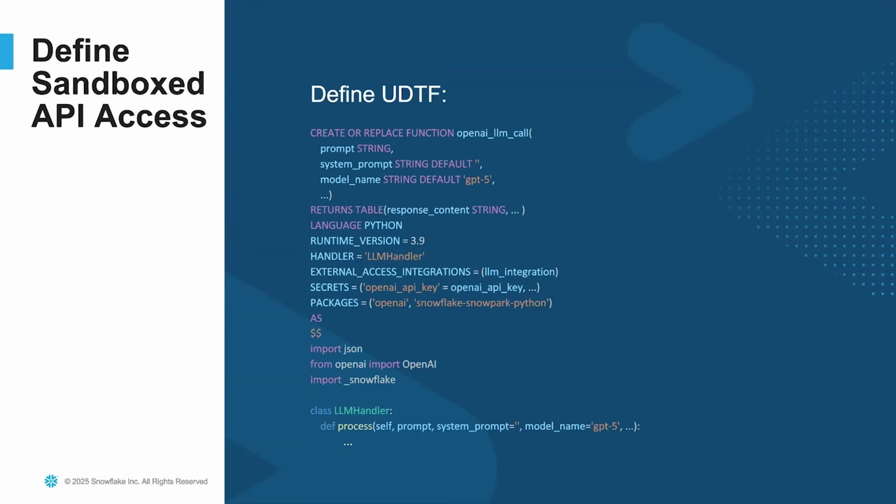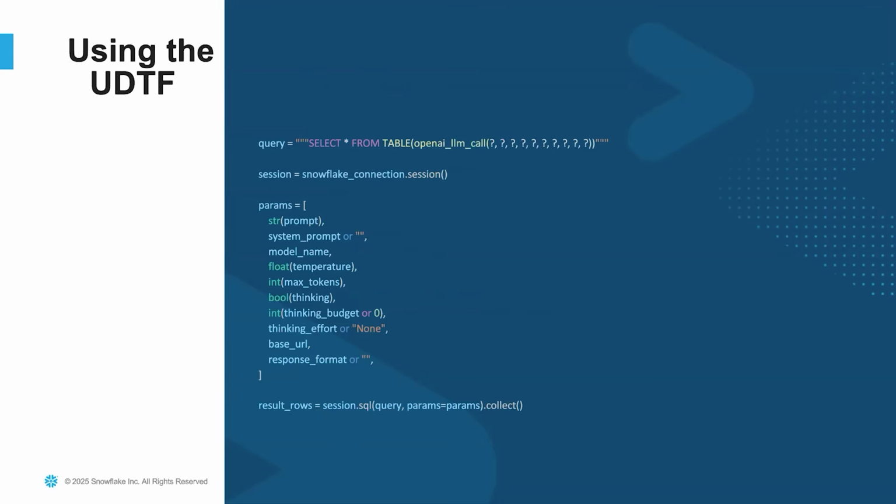So we can tell how many input tokens were used, how many completion tokens were used, and use that to make sure that costs are in line. I'll go into more detail on this a bit later. And then in order to use the UDTF from within the program, it's pretty simple.